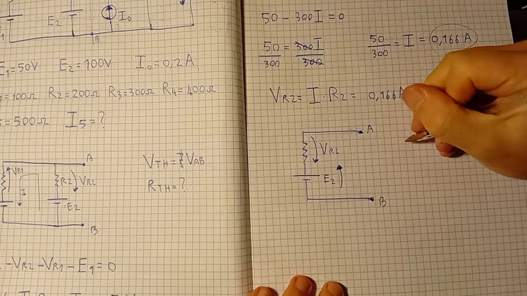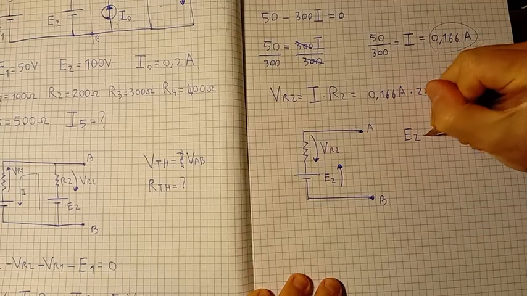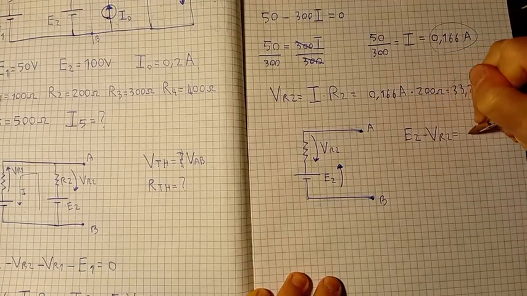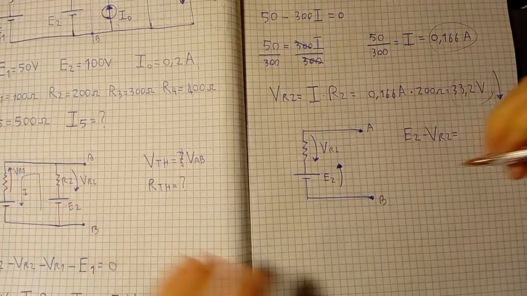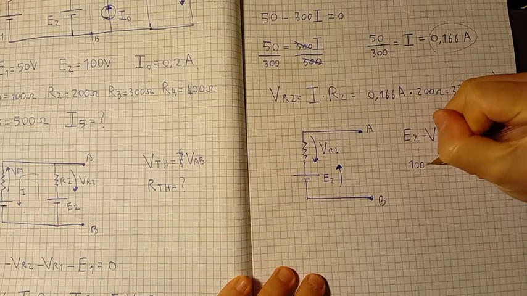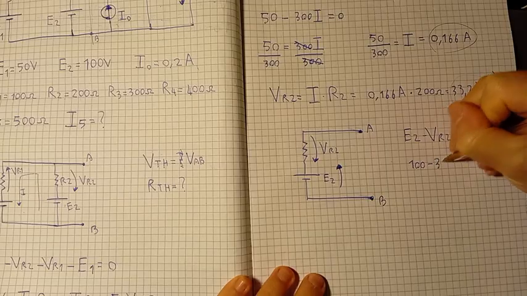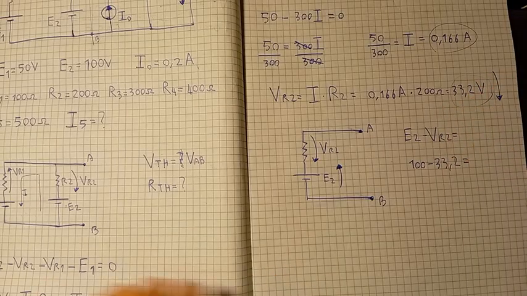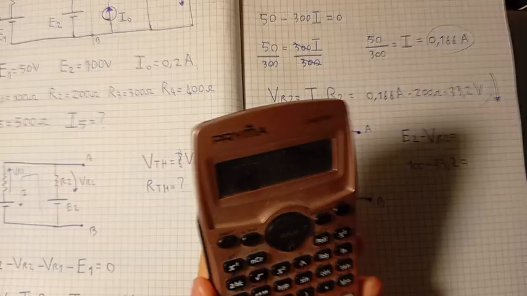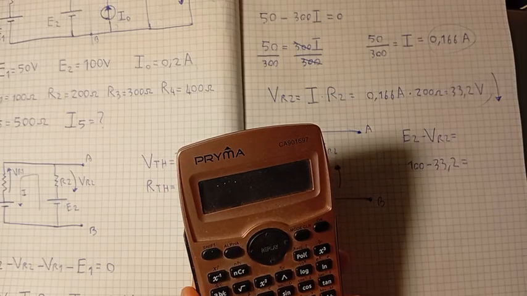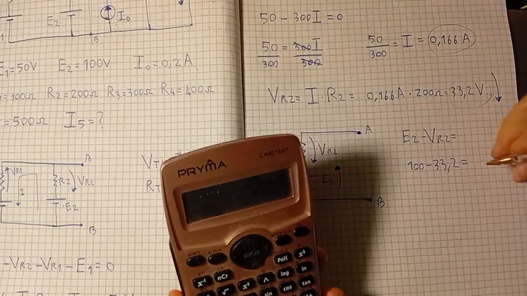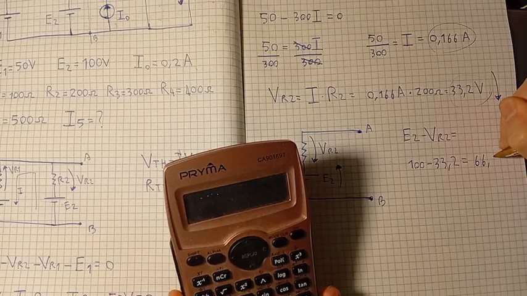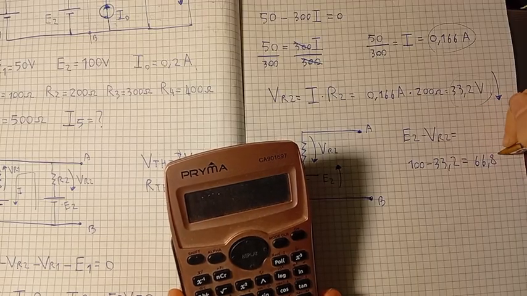So VA2 minus VR2 is equal to, let's find out, 100 minus 33.2. Well, the result is 66.8 volt.